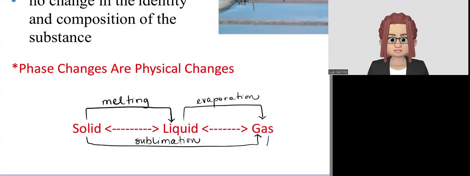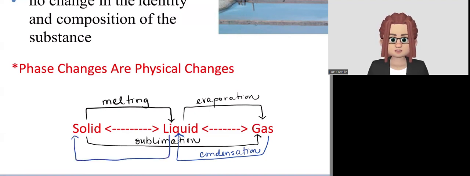If a gas turns into a liquid, that means that we call it condensation. If a liquid turns into a solid, it does it by the process of freezing.